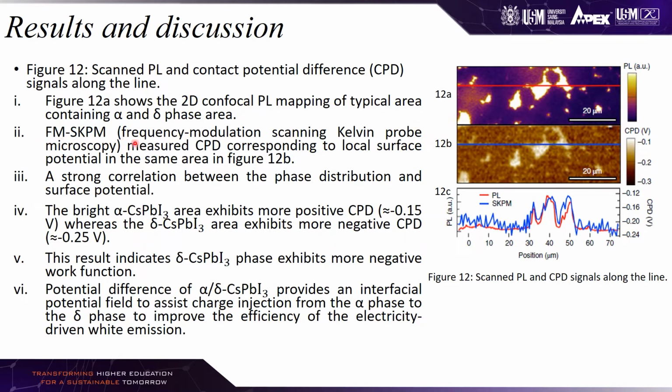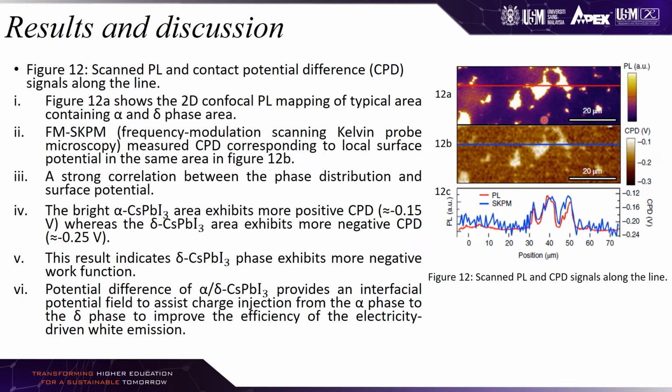FM-SKPM, frequency modulation scanning Kelvin probe microscopy, measures CPD corresponding to local surface potential in the same area in figure 12B. There is a strong correlation between the phase distribution and surface potential. The bright alpha calcium lead iodide area exhibits a more positive CPD, approximately negative 0.15 volt, whereas the delta calcium lead iodide area exhibits a more negative CPD, approximately negative 0.25 volt.